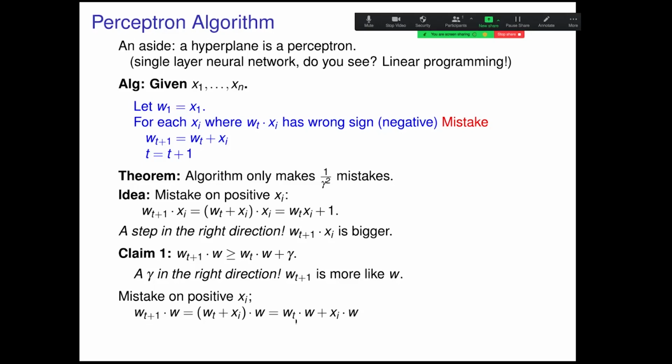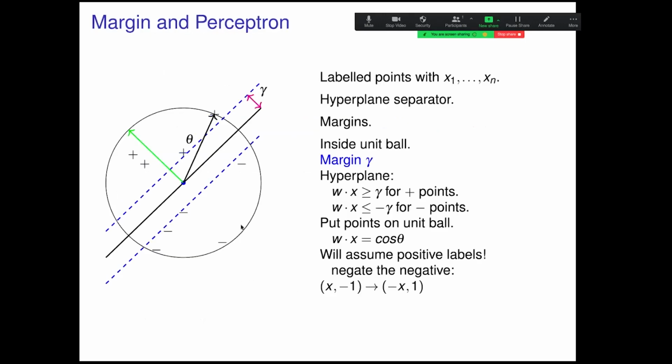It's positive, but more than that, there's a margin. How big was the margin? For every one of these, what is xi dot w? Gamma. Is that right?